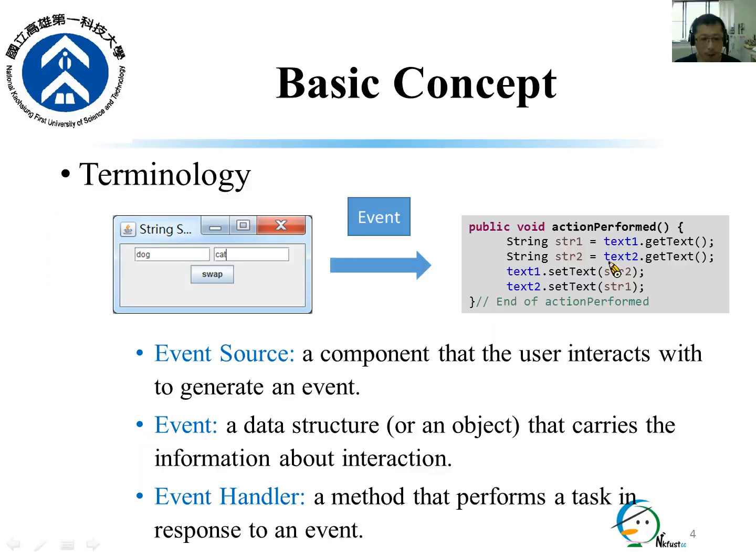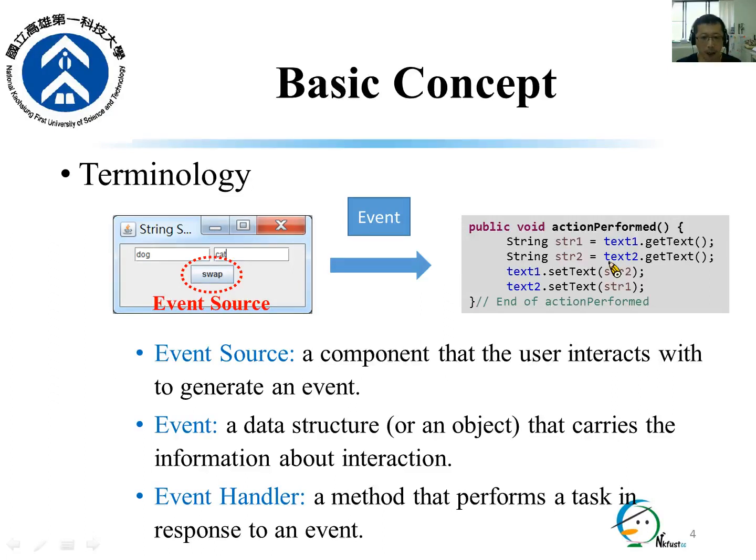There are three components in the aforementioned GUI interaction mechanism, including event source, event, and event handler. Event source is a component that the user interacts with to generate an app event. For example, the button here is a kind of event source.